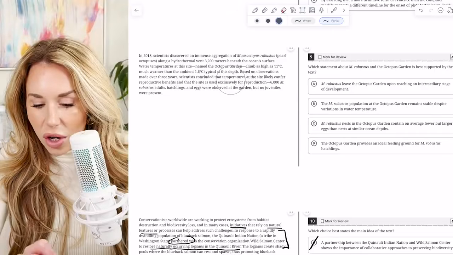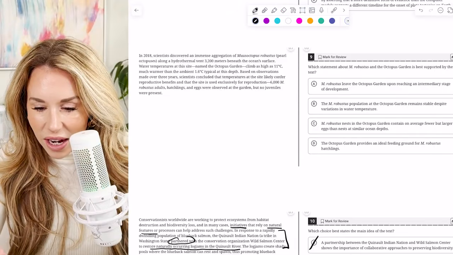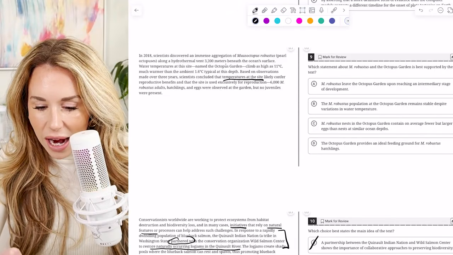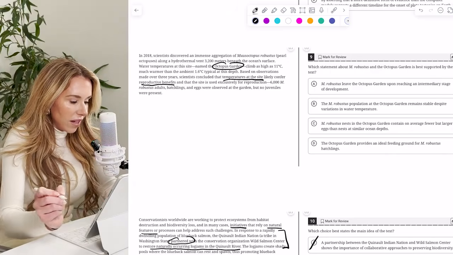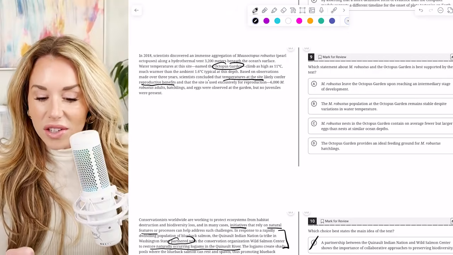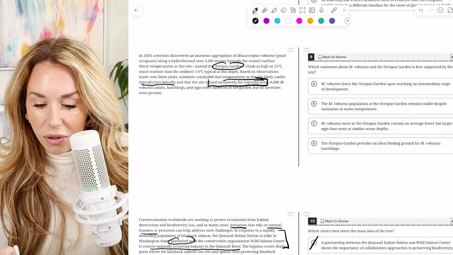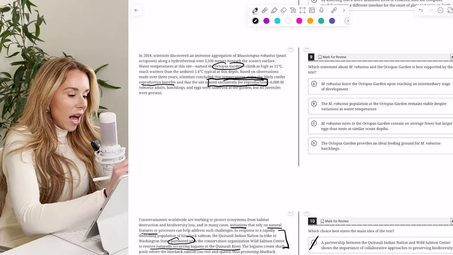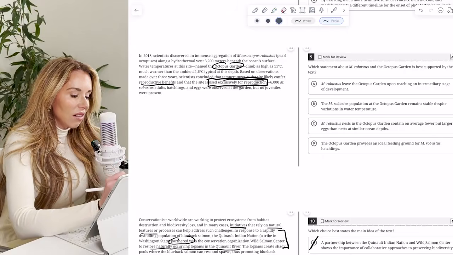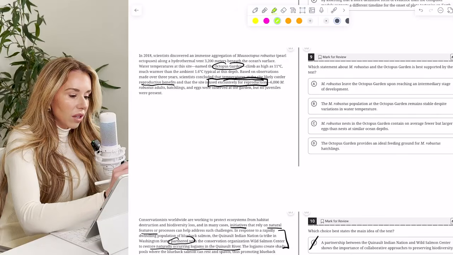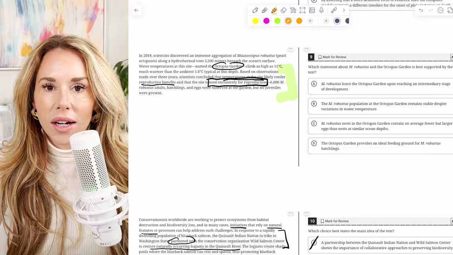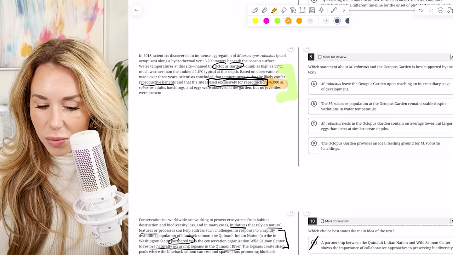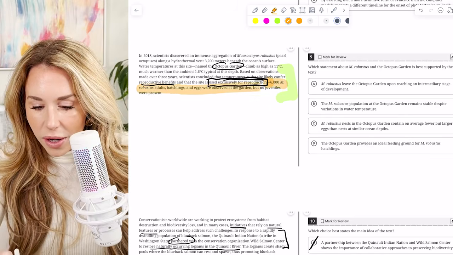Oh, okay. So temperatures at the site, and when they say the site, they mean the Octopus Garden, confer reproductive benefits. The site is used exclusively for reproduction. Now, I see not only is the last sentence usually the most important one, guys, but I also see a unique punctuation mark, which tells me this part is going to be really important.